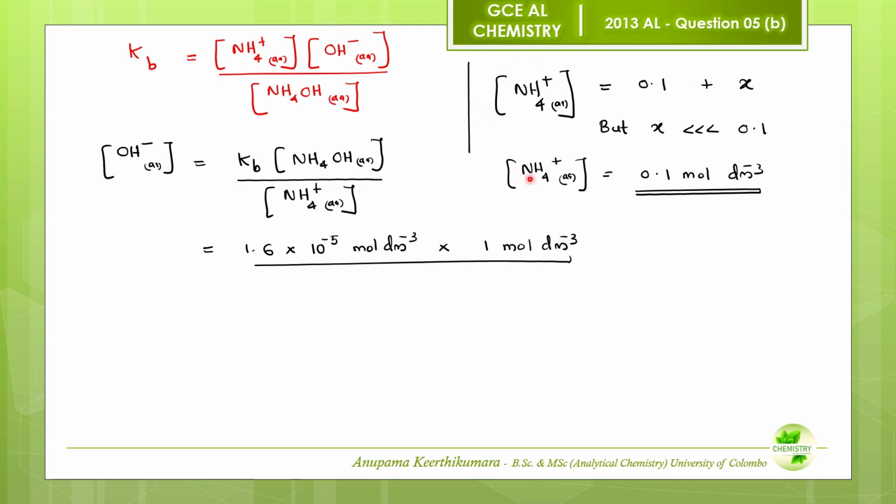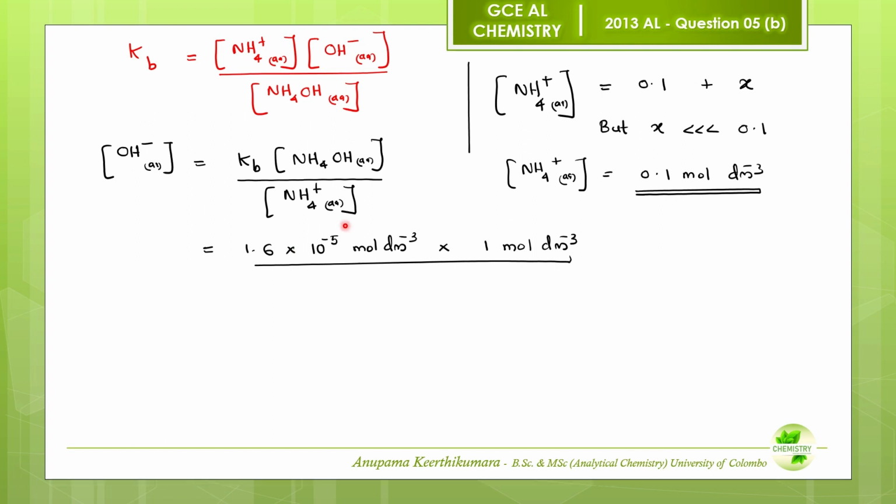We have calculated that the concentration of ammonium ions is the same as the concentration of ammonium chloride, because in the presence of this common ion, the dissociation of the weak base is very much less when compared to the dissociation of this weak base in the pure aqueous solution.